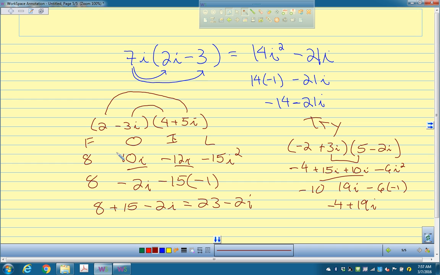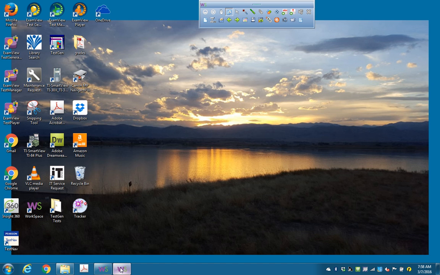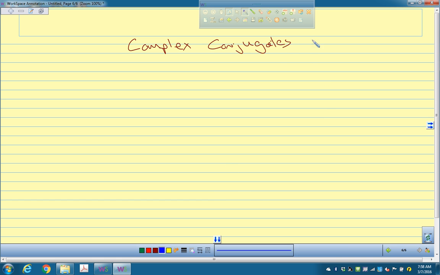We got to talk about conjugates. So complex conjugates are really nice. Complex conjugates, they do something really cool, okay?